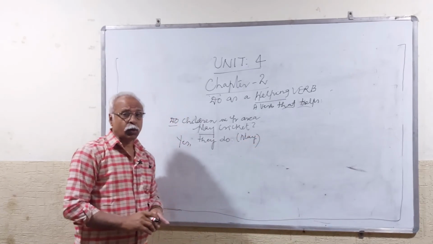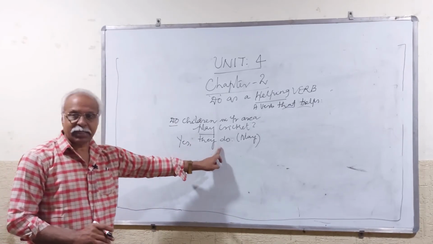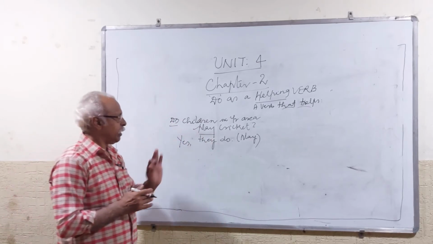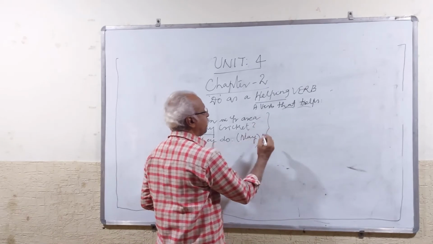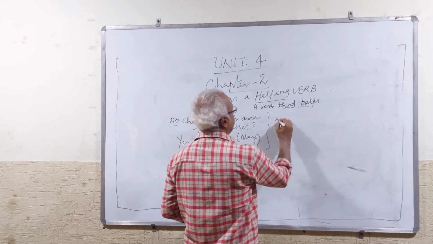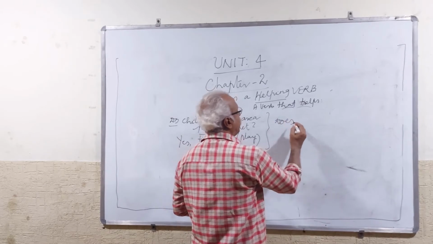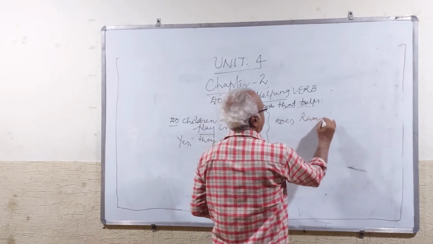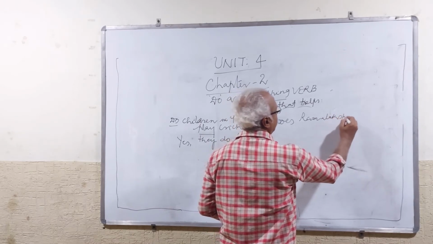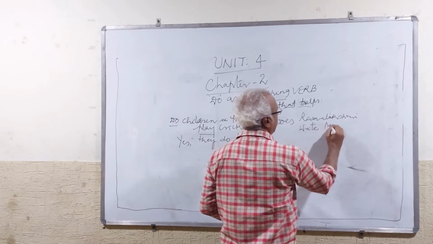Here you might ask me, sir, can't we use play directly? No. In giving short answers, you should always use the helping verb only. Similarly, one more question. Negative I'll give. Does Ramalakshmi write poetry?